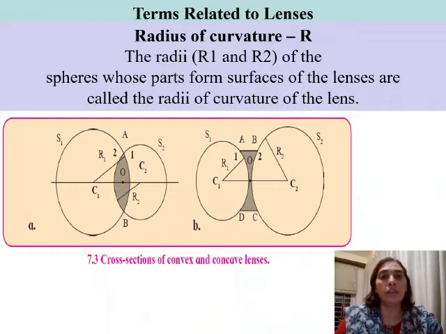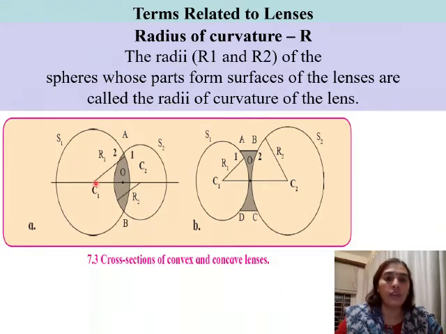The next term that we are learning is radius of curvature, and it is represented by capital R. We will follow the same diagram. This is for the biconvex lens and this is for the biconcave lens. Here we have the shaded portion which indicates the biconvex lens. The shaded portion here indicates the biconcave lens. We have two spheres S1 and S2 and they have got their centers, that is C1 and C2 respectively.